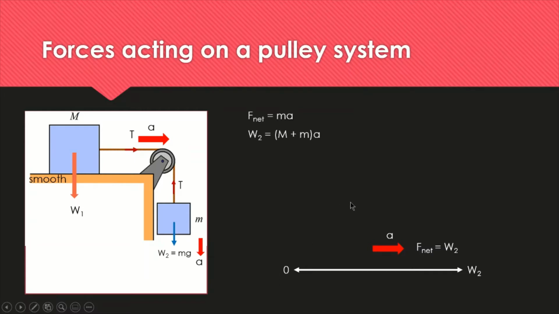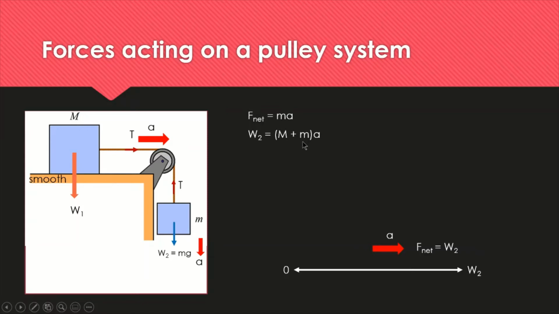By using Newton's second law, F equals ma, we see that the net force is to the right, same as our A. So the net force equals W2 only. W2 minus 0 equals ma. The m is the mass that moves with acceleration A. Of course, both of these masses are moving, therefore it's capital M plus small m.